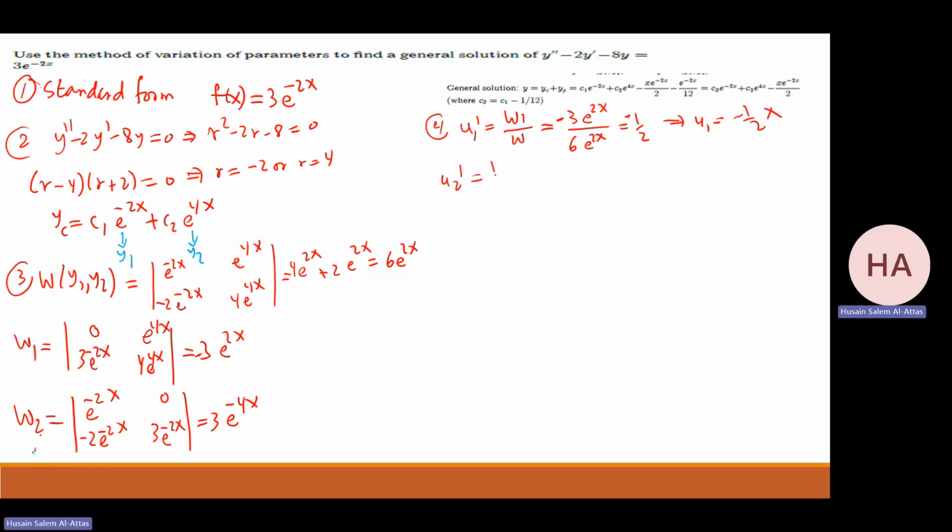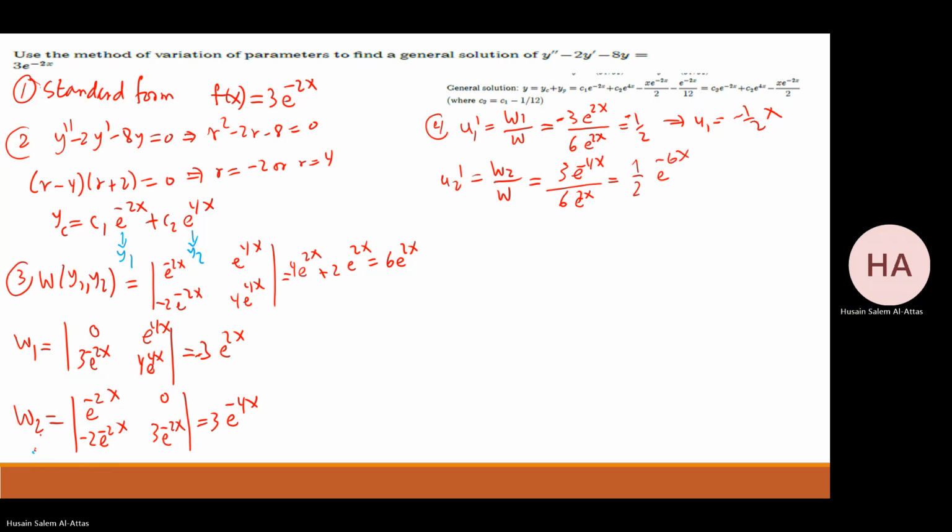U2 prime will be W2 over W. What is W2? This is positive 3e to the minus 4x over 6e to the 2x. That gives me what? Half e to the minus 6x.